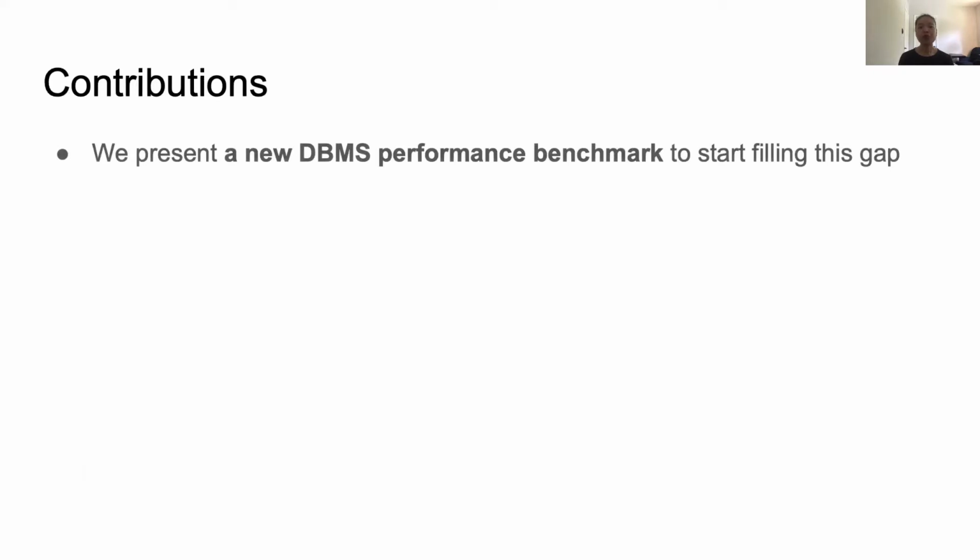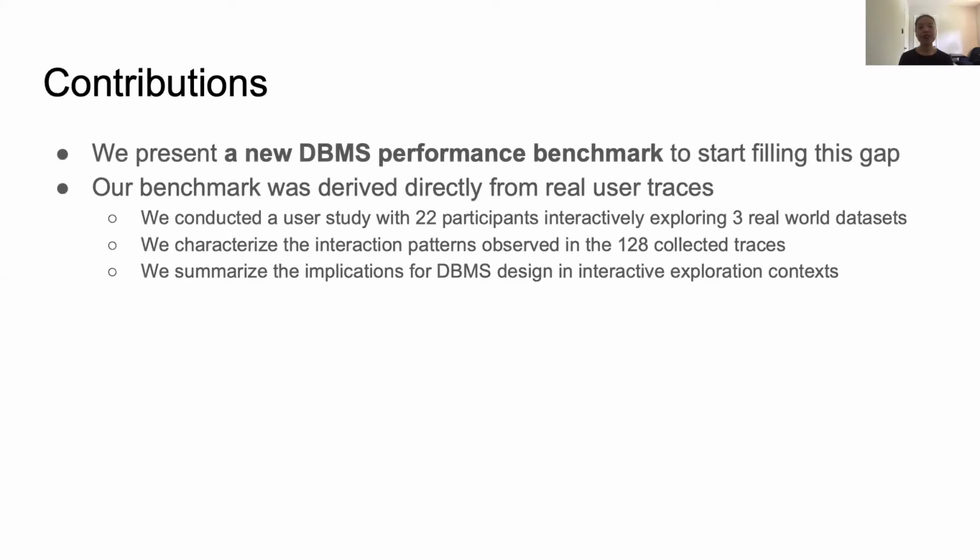So in response, we present a new DBMS performance benchmark to start filling this gap. Our benchmark was derived directly from real user traces, where we conducted a user study with 22 participants and 3 real-world data sets. We analyzed the interaction patterns that we observed, and we discussed and summarized the implications for DBMS design.